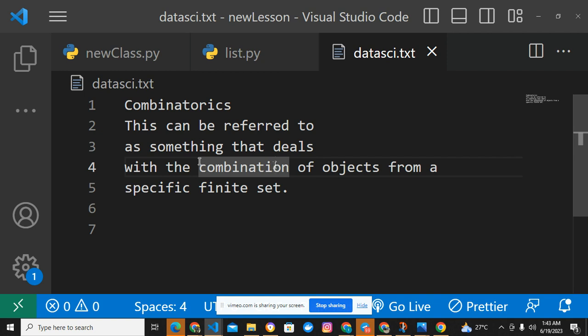We're also going to explore what forms of combinatorics we have.